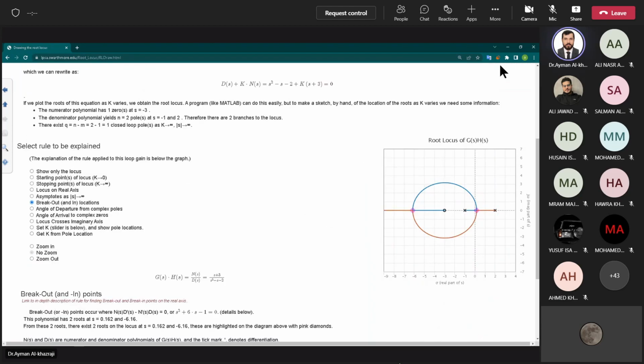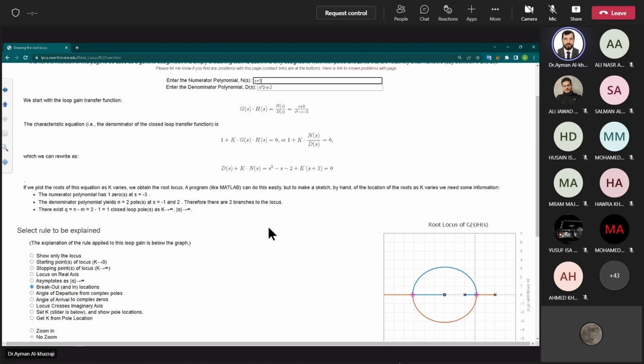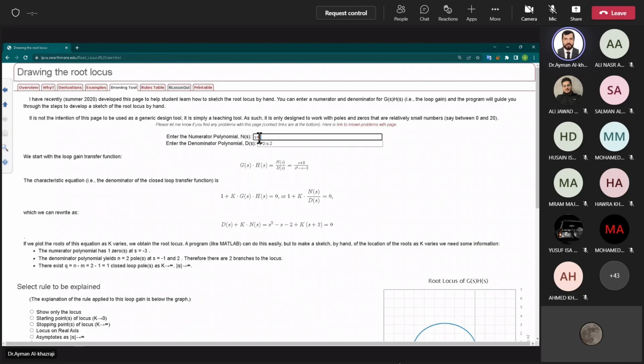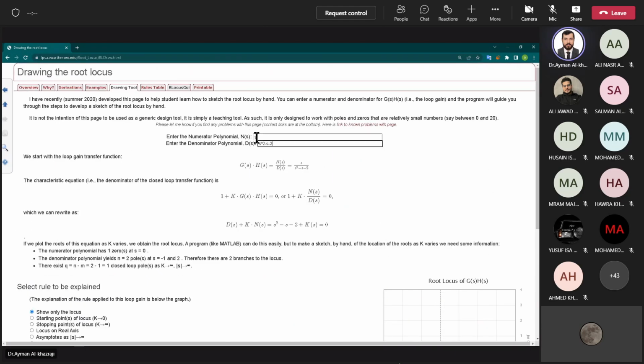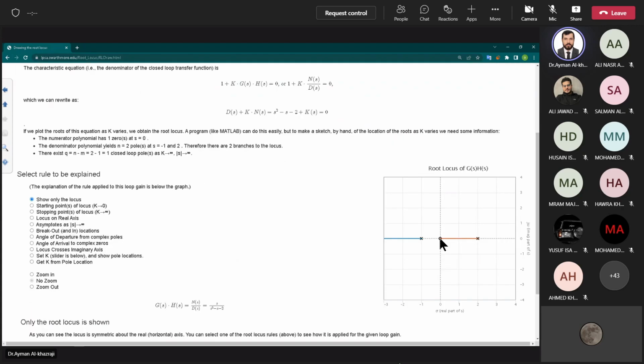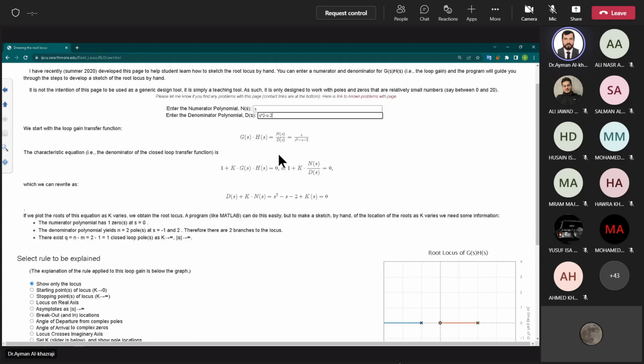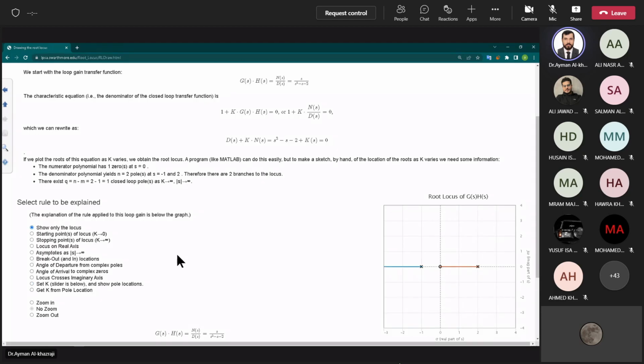So this is, let's say, a method to find any question, any example. If I make it here S, for example, I put enter, I click here, it will be changed. Now I have only one zero at S equals 0, and I have 2 poles. So this is the root locus to the left of the real odd. There is no breakaway because there is no intersection.